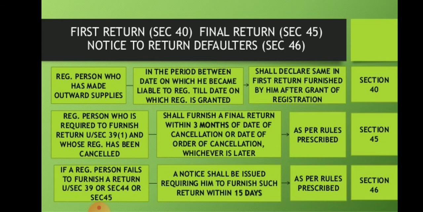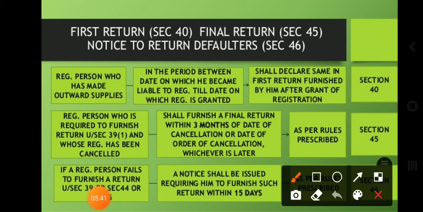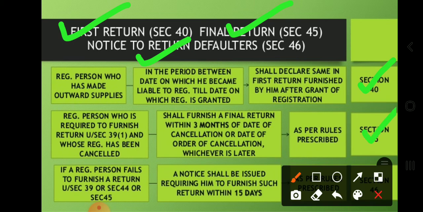Next, we have certain types of return which are specifically mentioned under the GST. These are the first return, final return, or notice to return defaulters. First return is covered under section 40, final return under section 45, and notice to return defaulters under section 46. First, we are taking the case of first return.